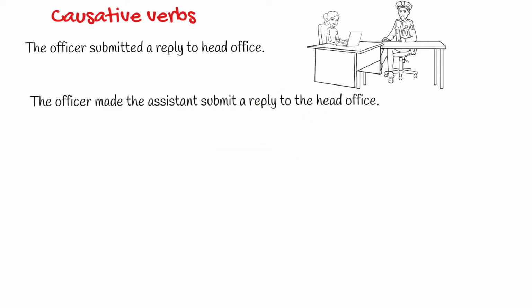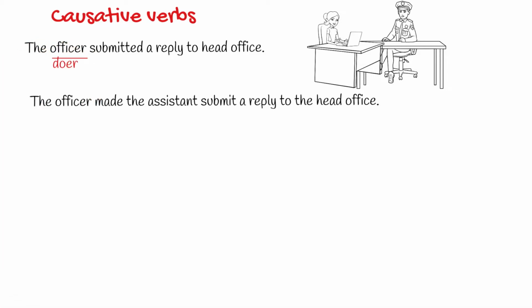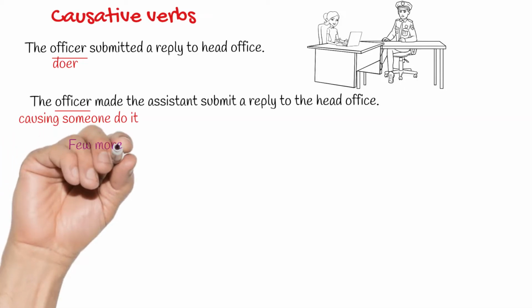In sentence 1, submitting a reply to the head office is being done by the officer himself. But in sentence 2, the verb made doesn't indicate the officer doing the action. The verb made indicates that the officer is causing the assistant to do the work.